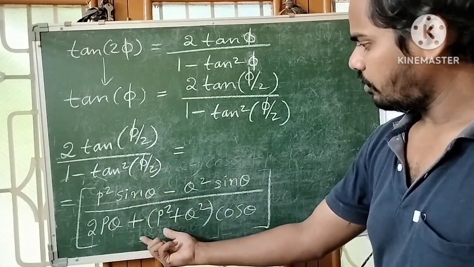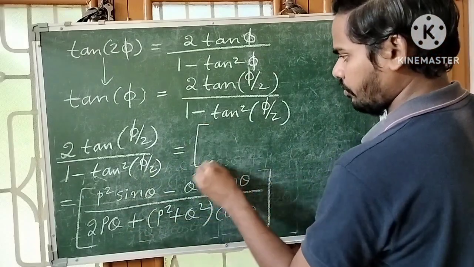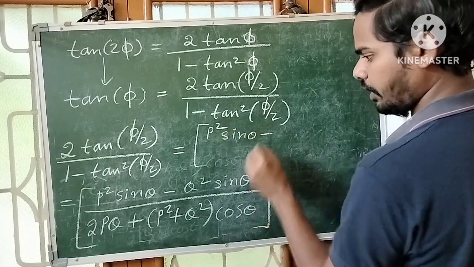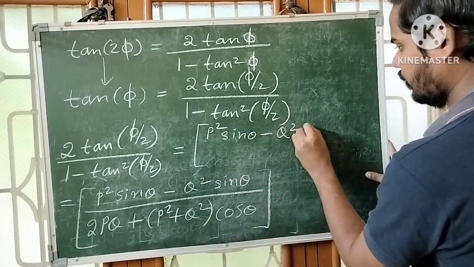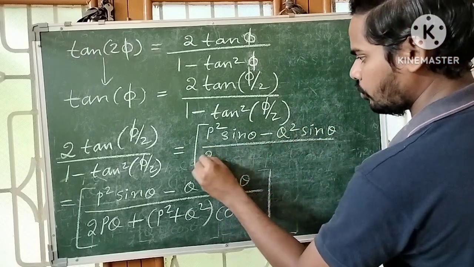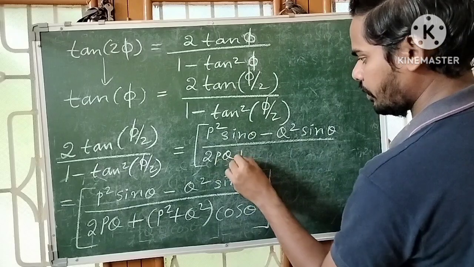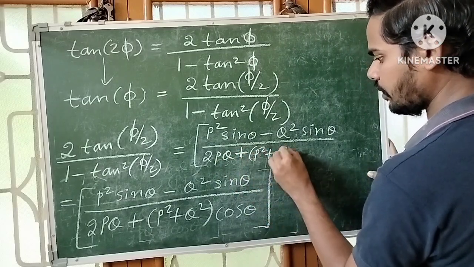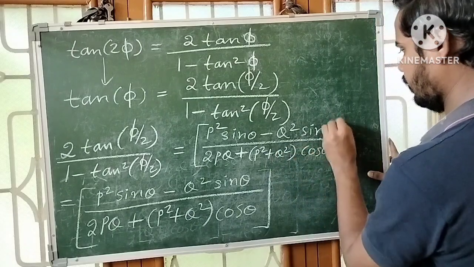The RHS is the same: (p square sin theta minus q square sin theta) whole divided by (2pq plus (p square plus q square) cos theta).